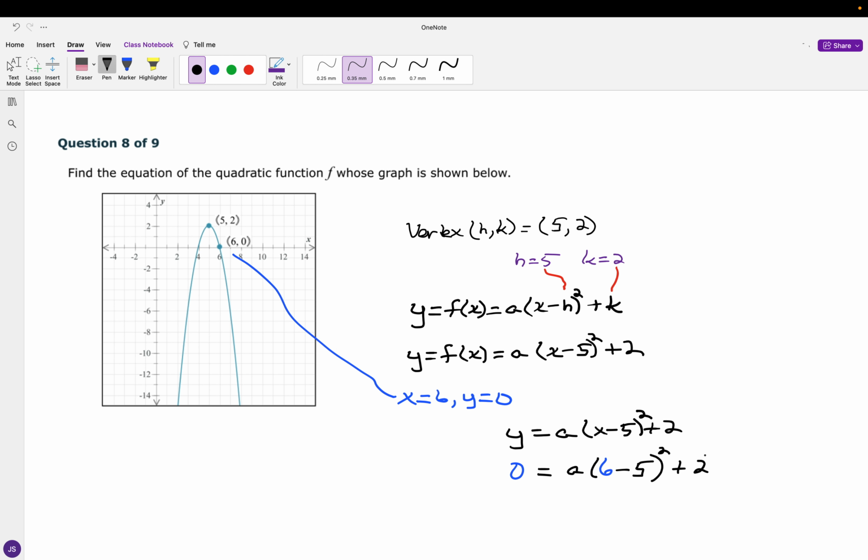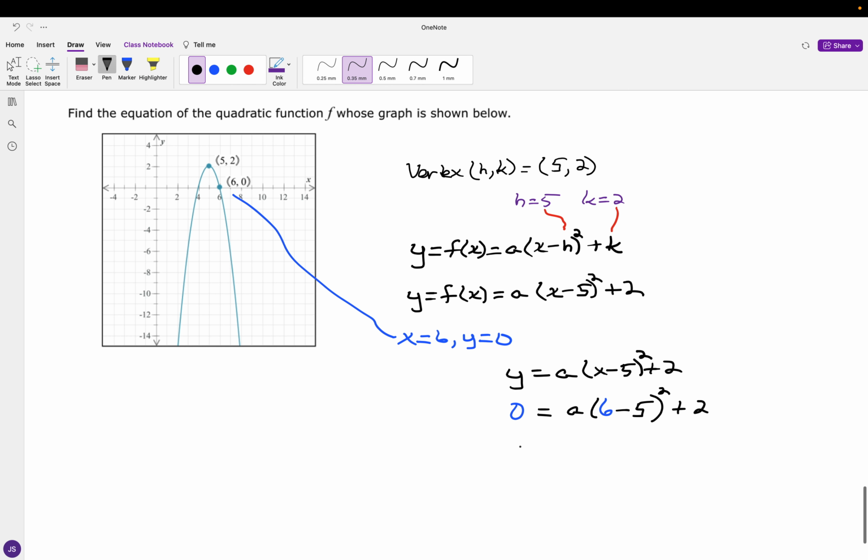So 6 minus 5 is 1, and 1 squared is 1, so we're looking at 0 is equal to a times 1 plus 2, or a plus 2, and from this a is equal to negative 2.